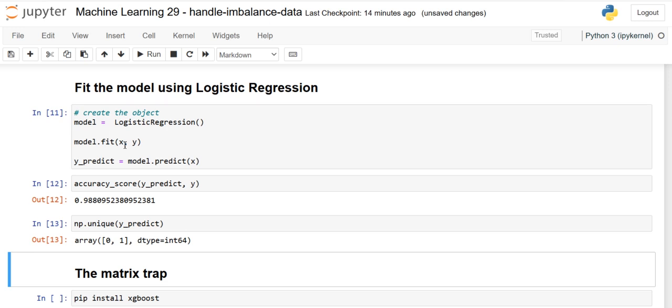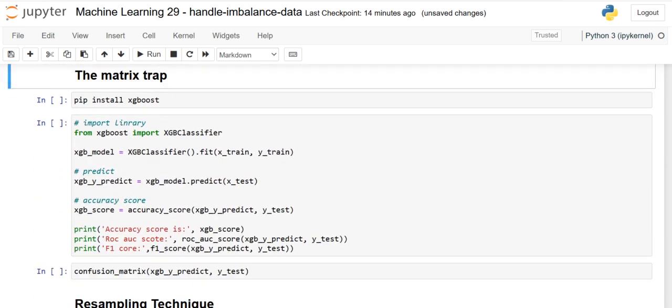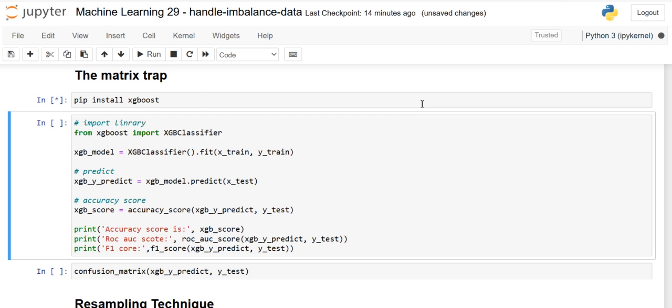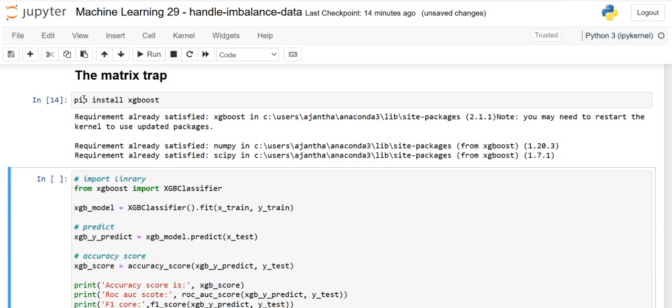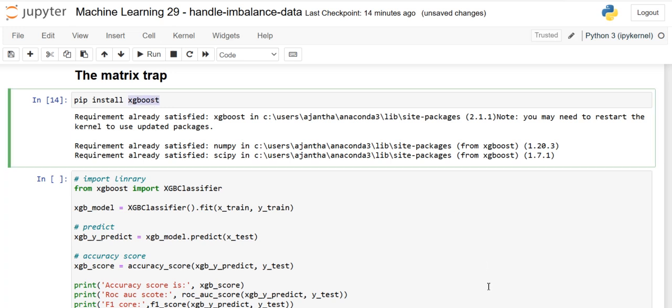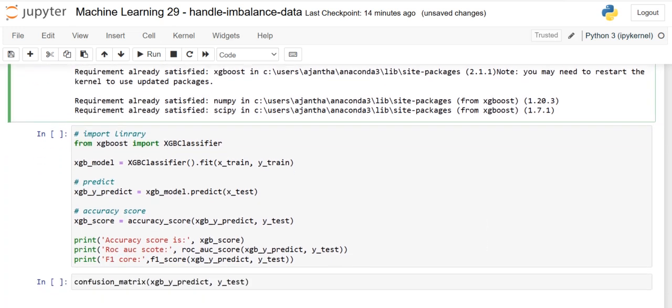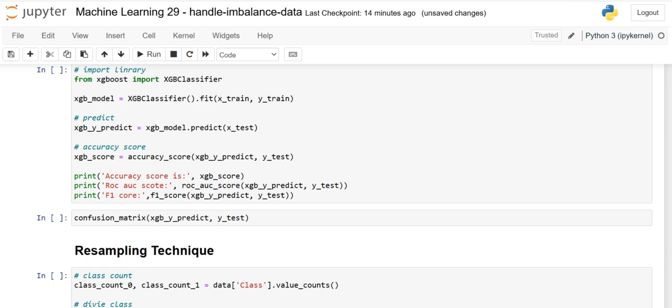So here let me give some more classifier models, and then we will have a detailed discussion. One highly used model is XGBoost, which comes under the ensembling technique. If you are not able to install it, kindly install it and then import it. Here it is a simple XGB classifier.